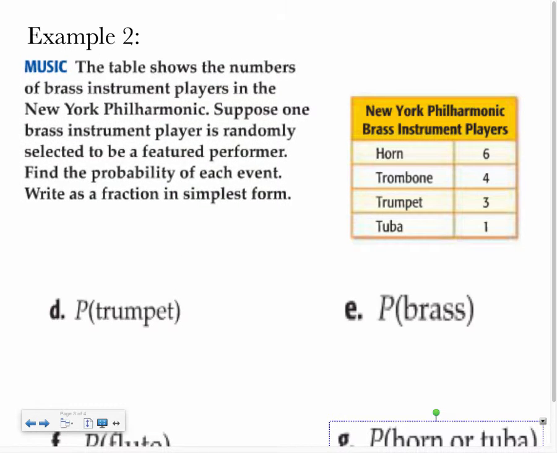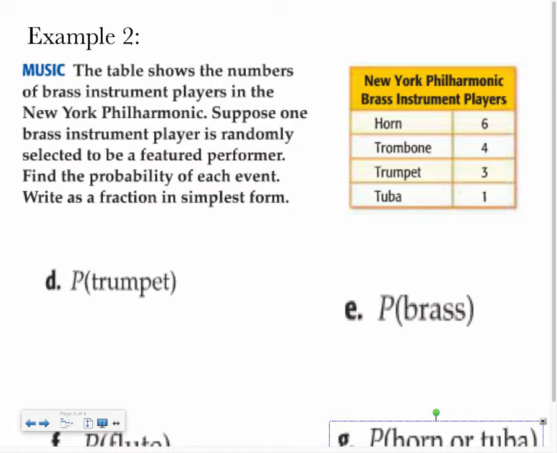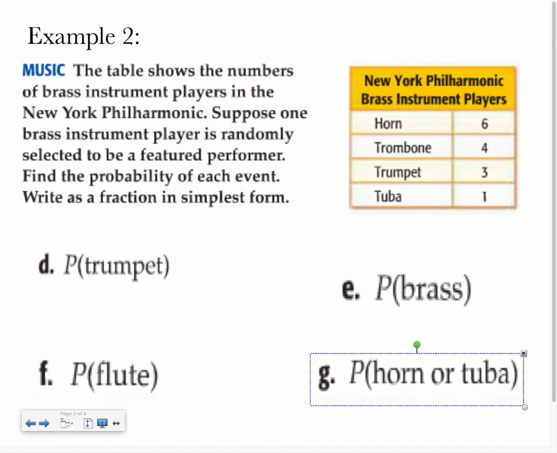Let's look at our second example. We have the table that shows the numbers of brass instrument players in the New York Philharmonic. Suppose one brass instrument player is randomly selected to be a featured performer. Find the probability of each event, write as a fraction in simplest form.